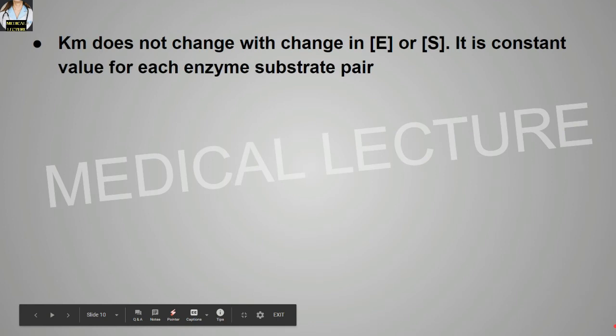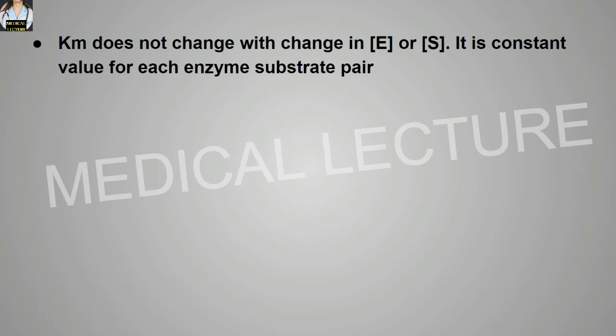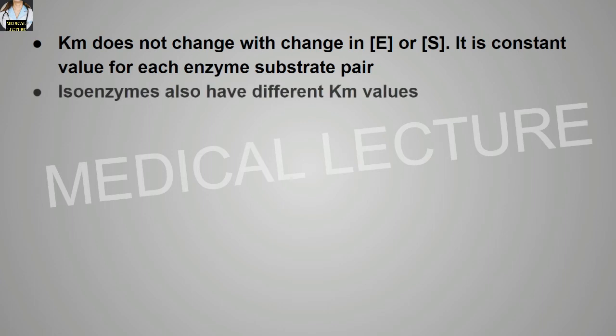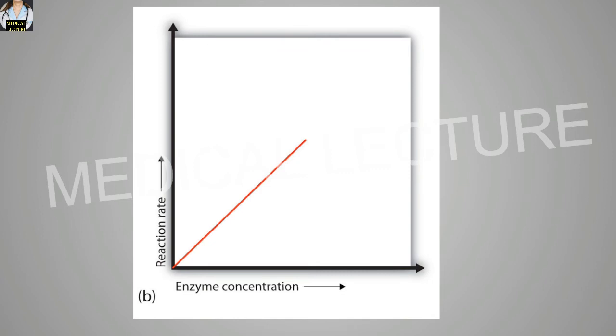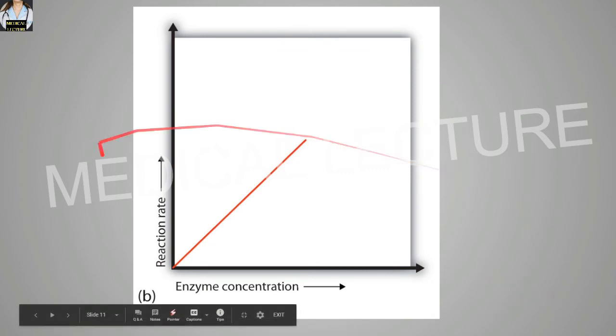Km does not change with change in the enzyme concentration or the substrate concentration. It is a constant value for each enzyme substrate pair. Isoenzymes also have different Km values. Km is expressed in the same units as substrate concentration, that is, moles per liter. As you can see, this is a graph between the velocity and the enzyme concentration, and it is a linear graph.